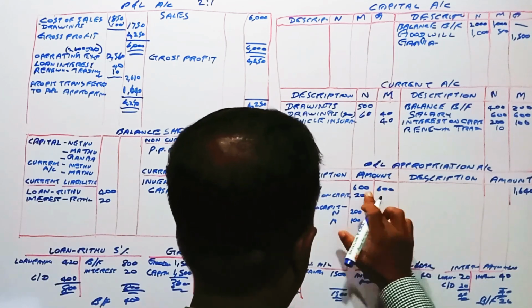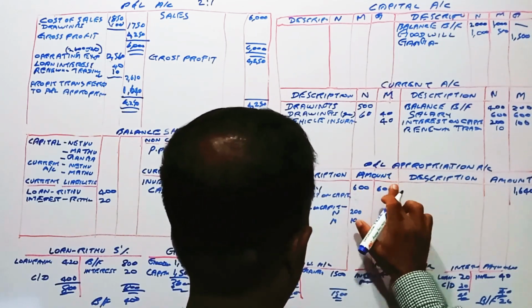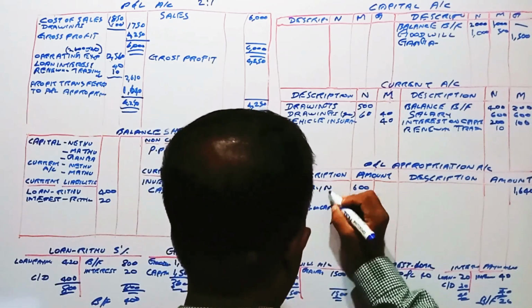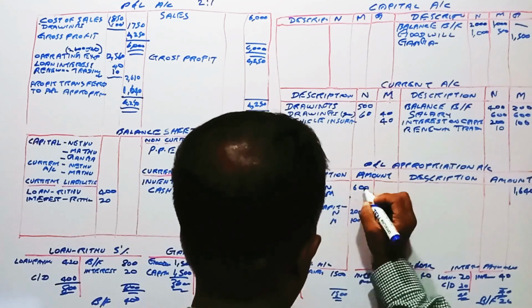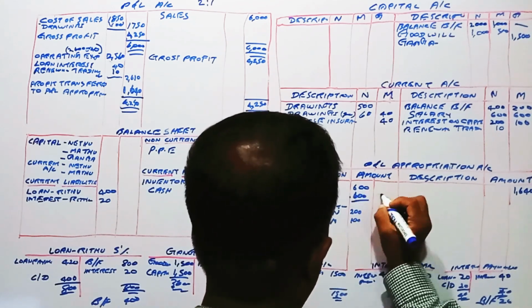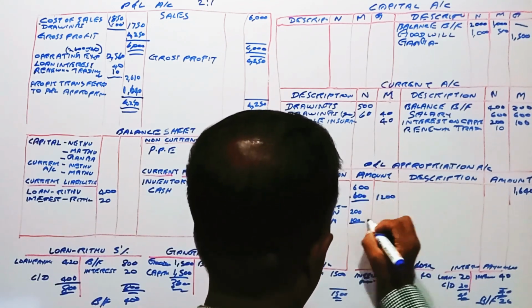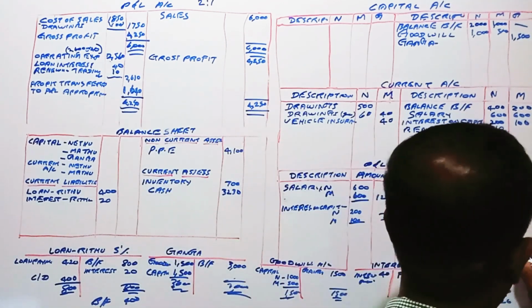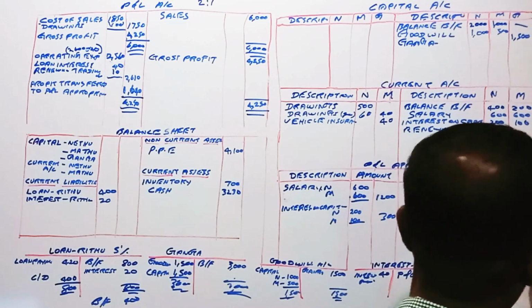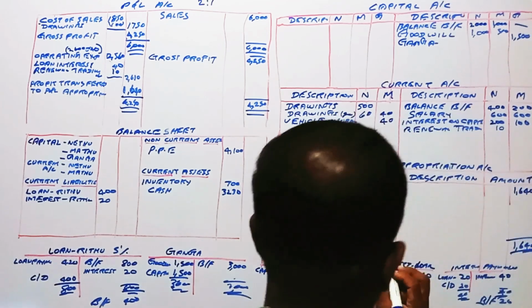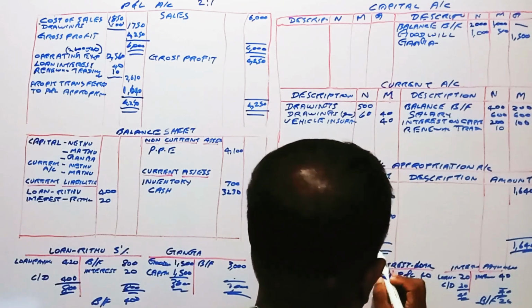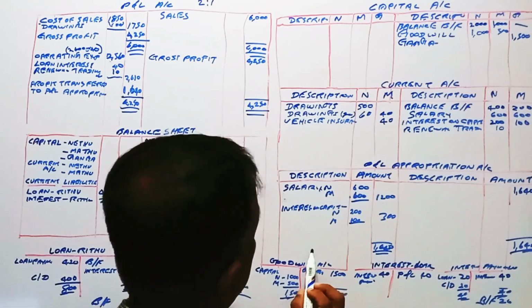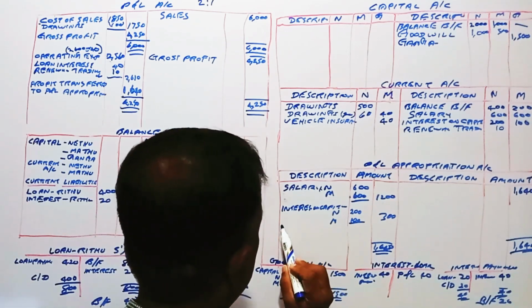Salaries, N and M, right? 600 and 600, right? This is 1,200,000, this is 300, right? Then this is 1,640,000, right? 1,640,000.